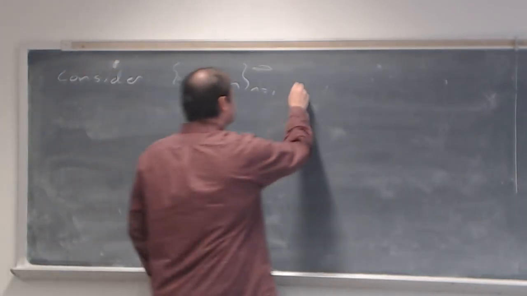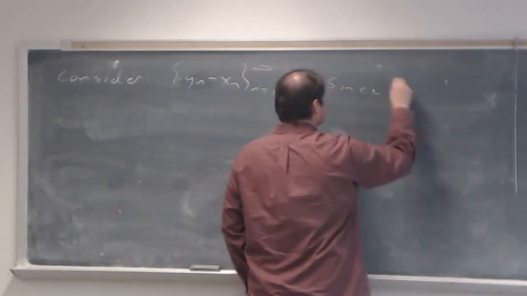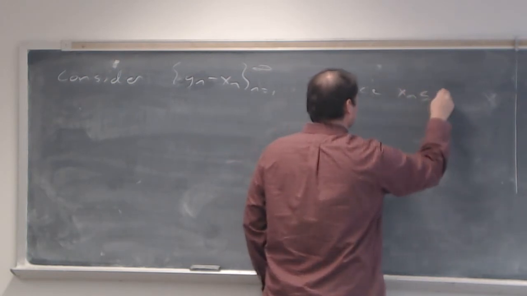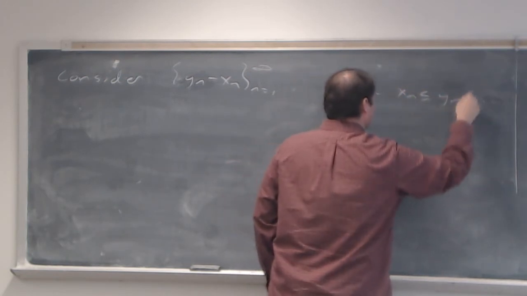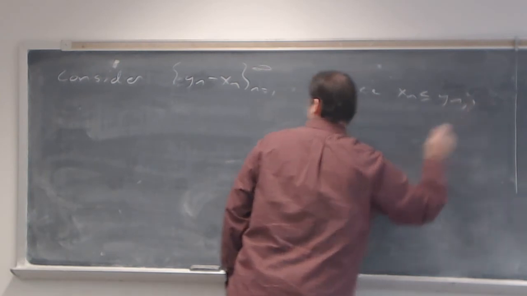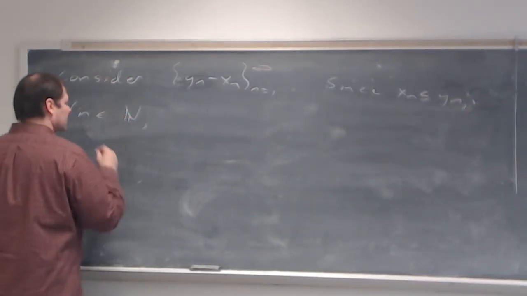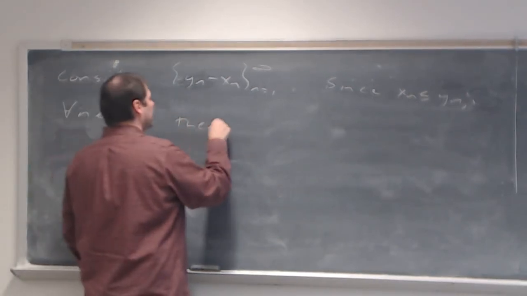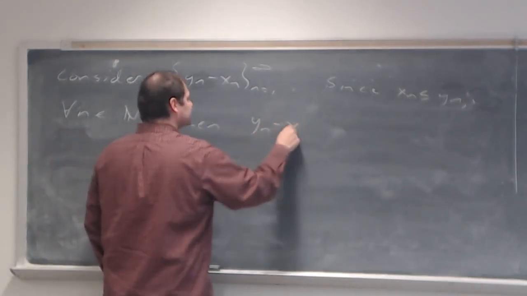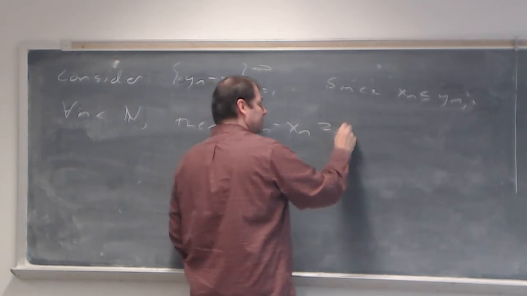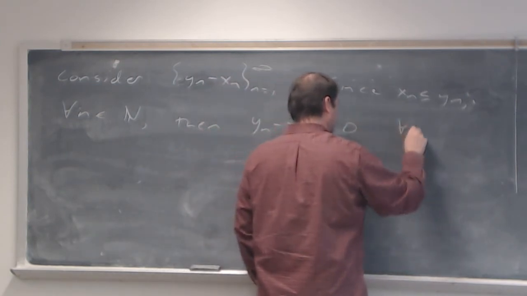Now, since x sub n is less than or equal to y sub n for all n in the natural numbers, that means that y sub n minus x sub n is going to be greater than or equal to 0 for all n in the natural numbers.